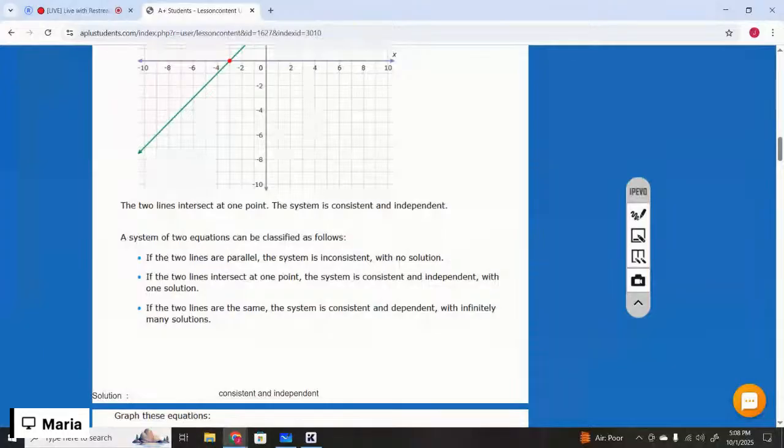A system of two equations can be classified as follows. If the two lines are parallel, the system is inconsistent with no solution. If the two lines intersect at one point, the system is consistent and independent with one solution.